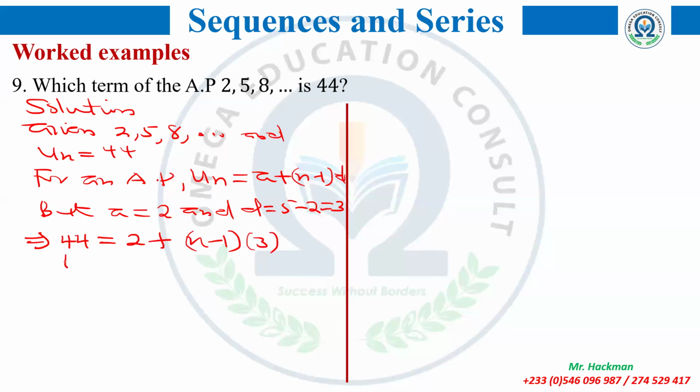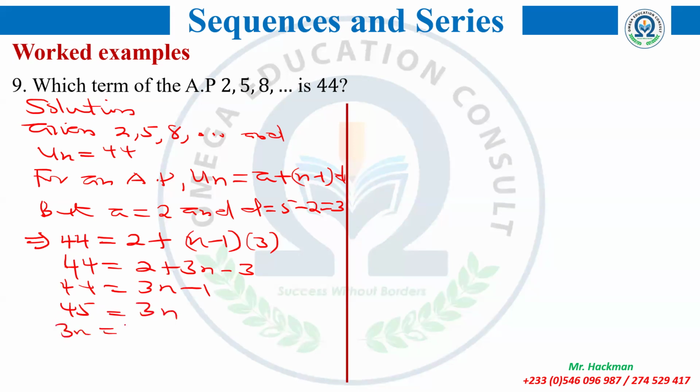So 44 is equal to 2 plus 3n minus 3. So I'm going to get 44 is equal to 3n minus 1. So I'm going to get 45 is equal to 3n. So 3n is equal to 45, divided by 3 over 3. What do you get for your n? 15. So therefore n is equal to 15. That's all.